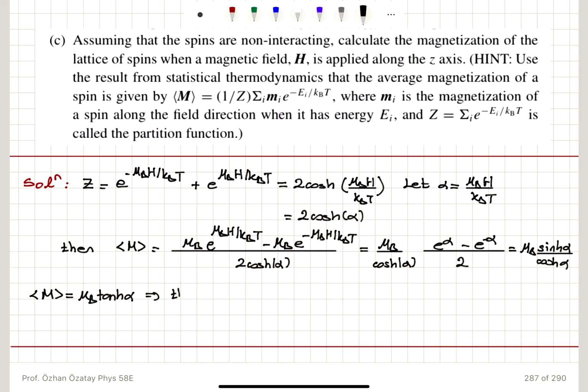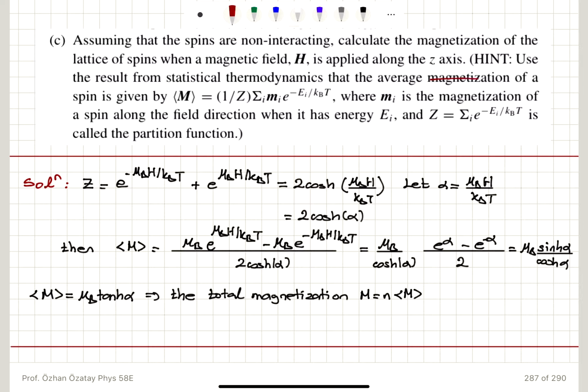So the total magnetization will be capital M. It will have contributions from all the spins, so we will have n times m. Basically, what we have calculated here is the average. It says the average magnetization of a spin, but we're basically calculating the average magnetic moment of a spin. Unfortunately, that was not quite right.